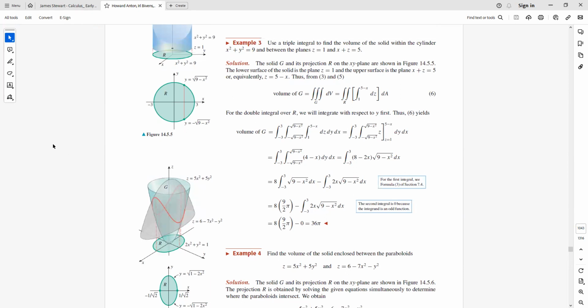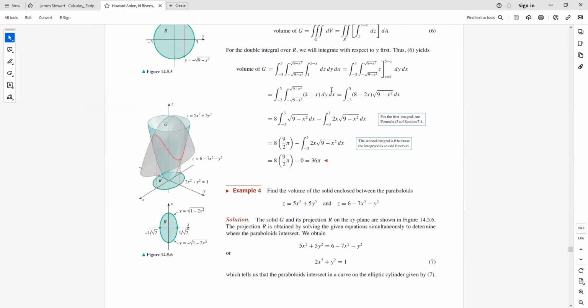Now, see here, we have this problem: find the volume of the solid enclosed between the paraboloids. These are the paraboloids. We have to draw the paraboloids first, so let us draw them on the x, y, z coordinate system.